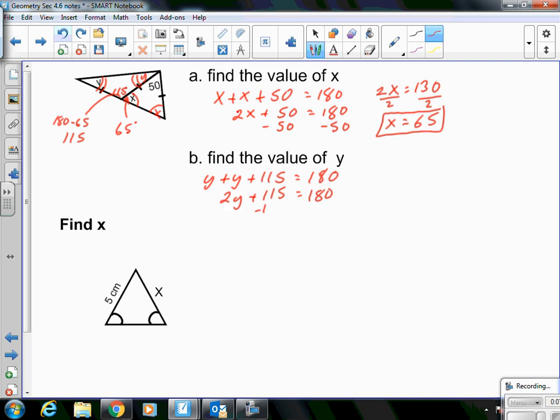Subtract the 115. 2y is going to equal 65. And then divide by 2. y is going to be 32.5 degrees.